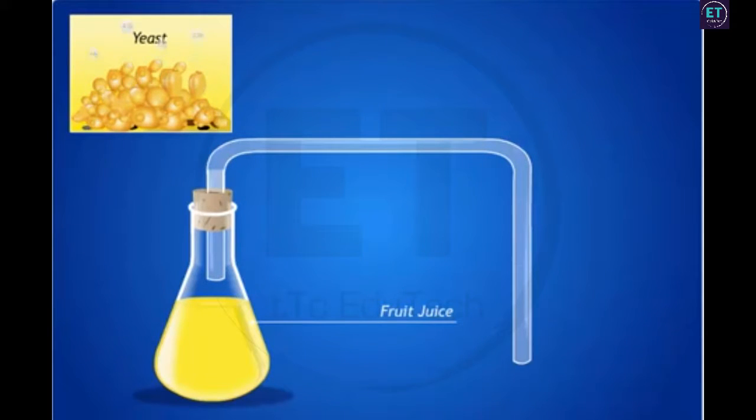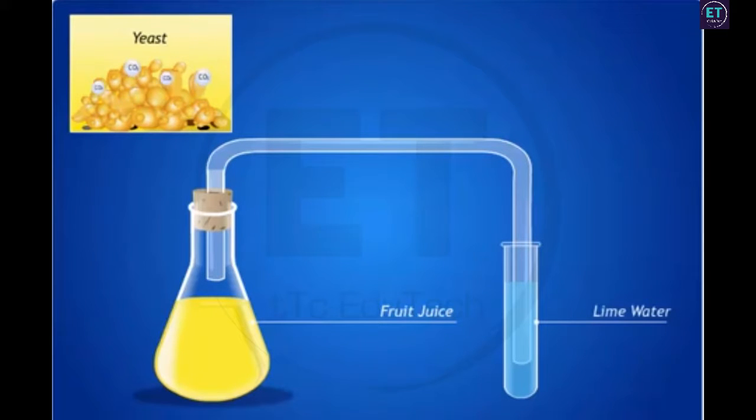Dip the free end of the glass tube into a test tube containing lime water. You will find that the lime water turns milky. From this activity, you can conclude that microorganisms release carbon dioxide. Yeast acted on the sugar present in the fruit juice and released carbon dioxide. This process is called fermentation.